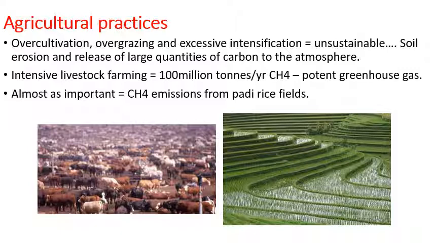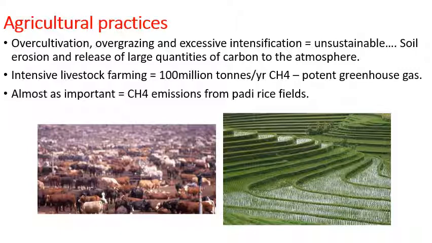We know that cattle ranches, livestock farming, produce a huge amount of methane from all that farting and burping that those cows do, releasing methane gas into the atmosphere. And also the paddy fields where they grow rice.